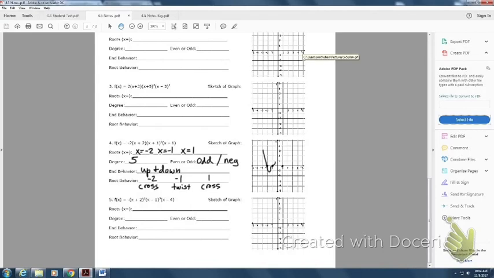There's not a lot of room in there for the twist, but you can get it in there. And it's going to come back down and cross at +1.